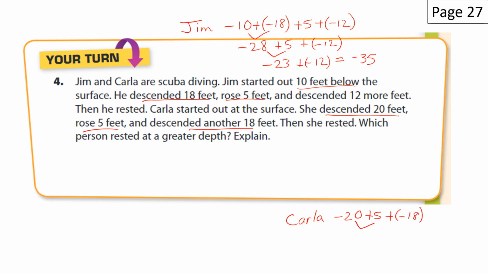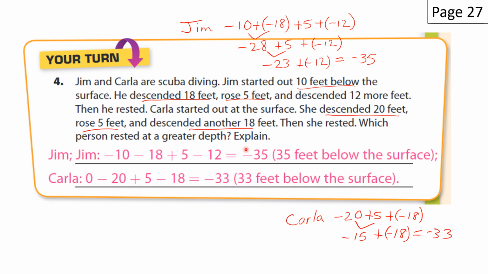And this is going to be negative 15 plus negative 18. They're the same signs, so I'm going to add them. 33, negative 33. So, which person rested at a greater depth? Well, we're looking at negative 35 versus negative 33. And there we go. So Jim rested at a greater depth, negative 35.